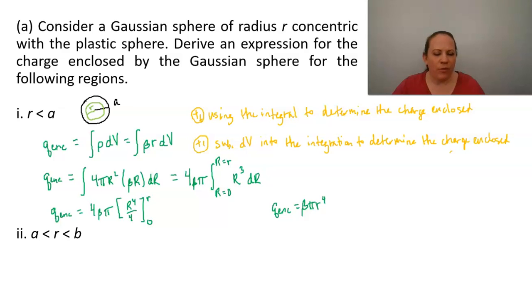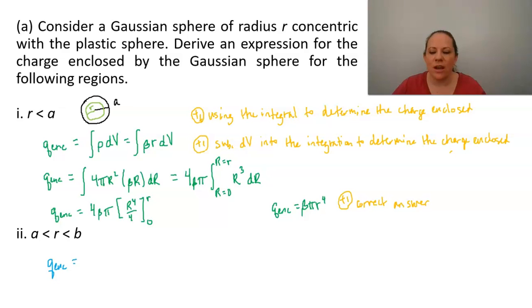And then we're going to get our final point here for the correct answer. All right, and for radii that are in between the sphere and the plastic shell, so for radii between A and B, well, this is actually quite simple.